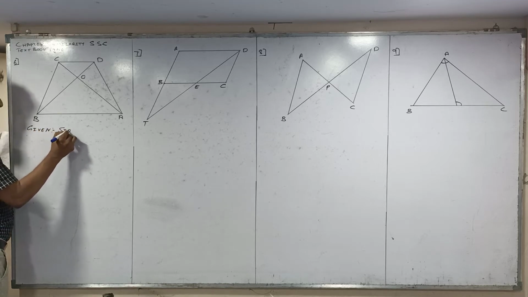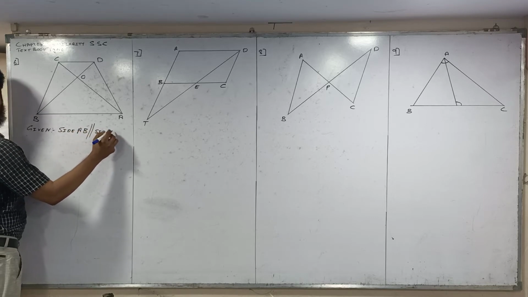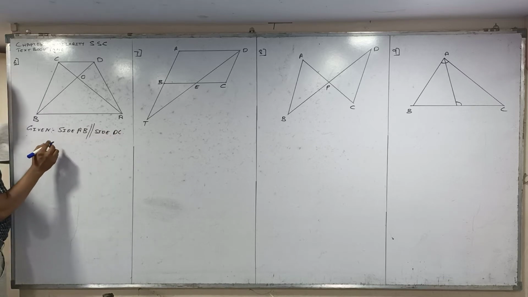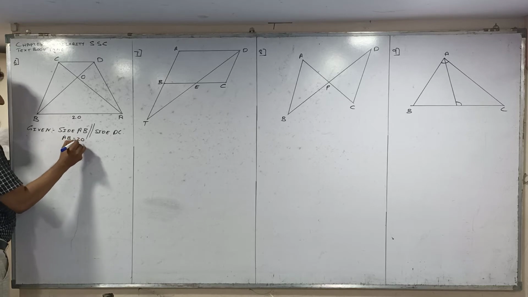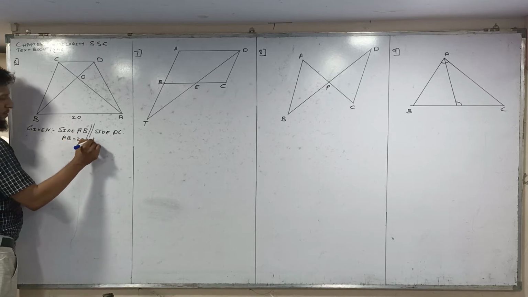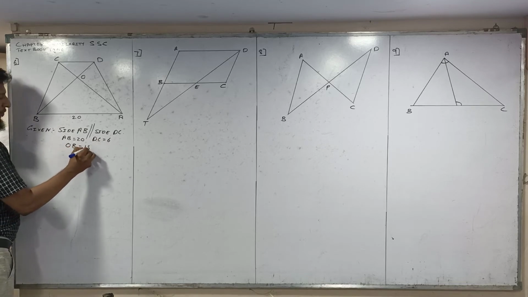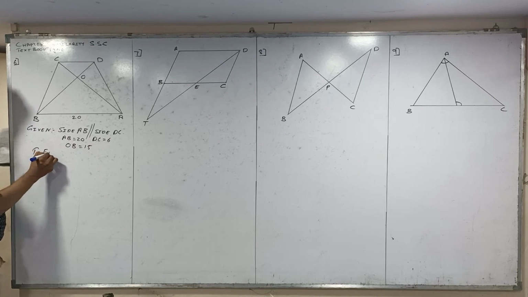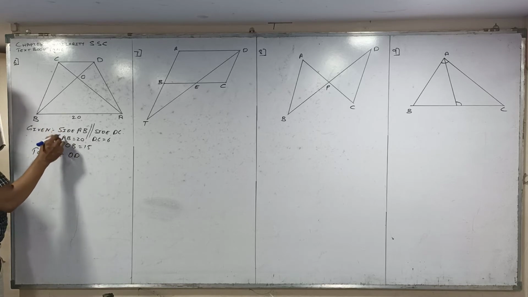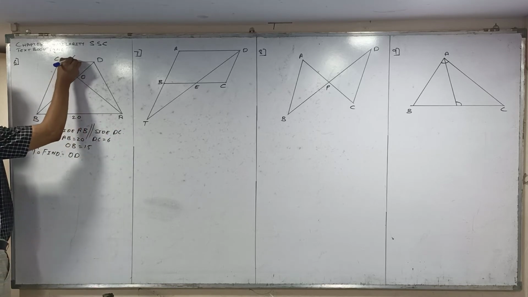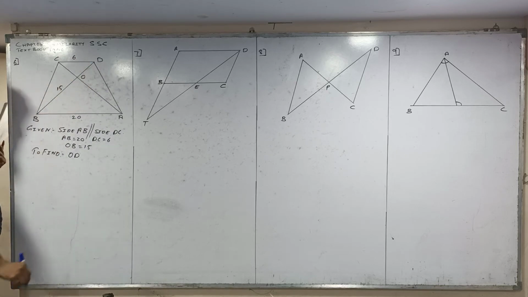Side AB parallel to side DC, AB is 20, DC is 6, OB is 15. You have to find OD.